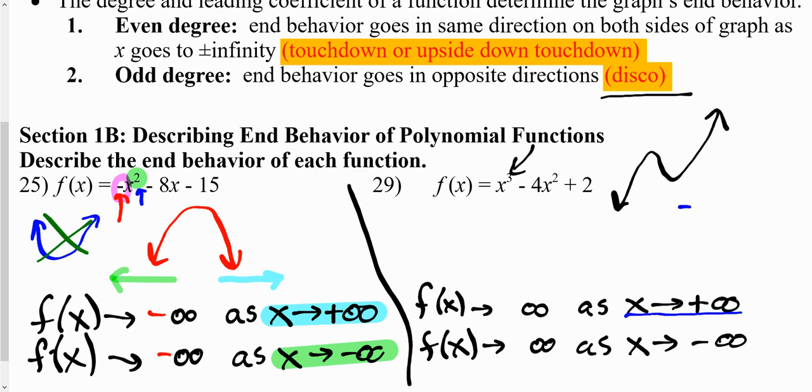That means as you go to the right, does your graph go up or down? And you can see that we go up. So we're going to put a little plus sign here. When we are looking at this, as x approaches negative infinity, that means as you go far to the left, and you can see in your graph that it goes down, so you're going to put a little negative infinity there. So that's what we're talking about for our end behavior.